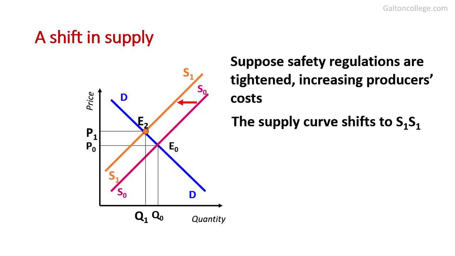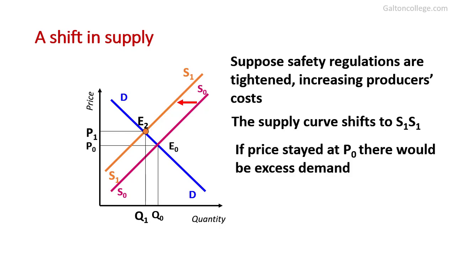Supply curve shifts to S1. If the price stayed the same at P0, there will be excess demand. Well, the supply curve now is S1. If the price had stayed at P0, you can see this will be the demand here, and this is the supply over here. So excess supply.